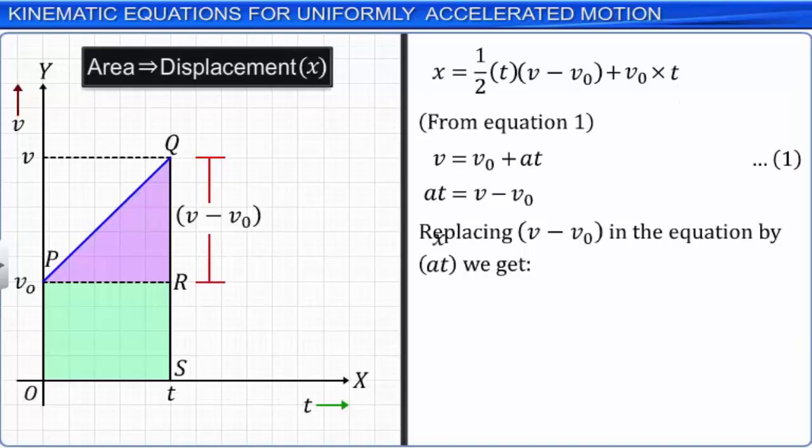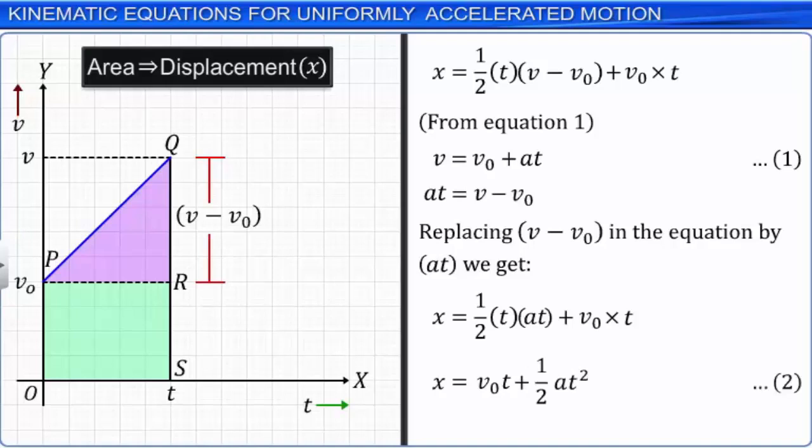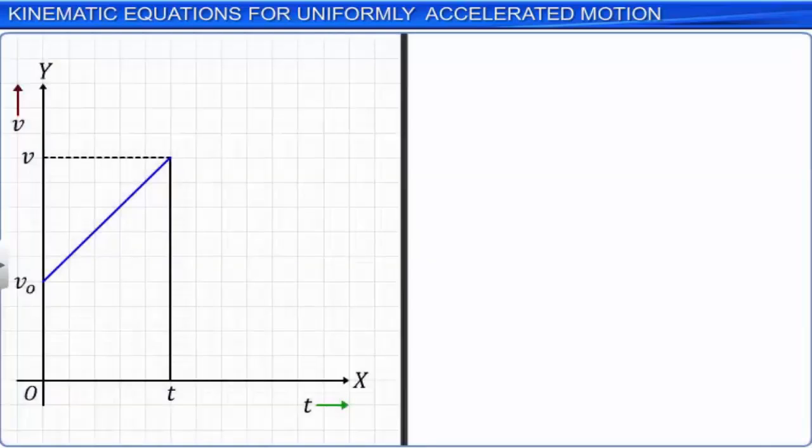The third equation is the relation between initial velocity v0, final velocity v, acceleration a, and displacement x. The average velocity of a body v dash is half the sum of v and v0, where acceleration is constant.